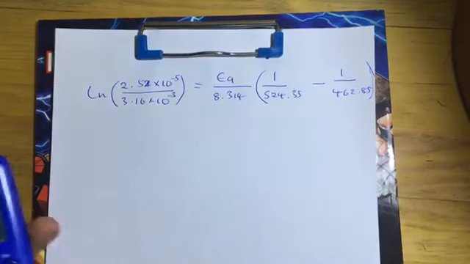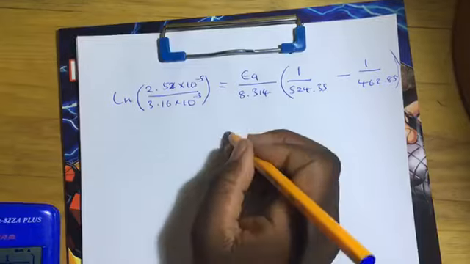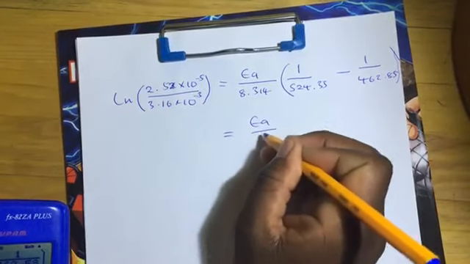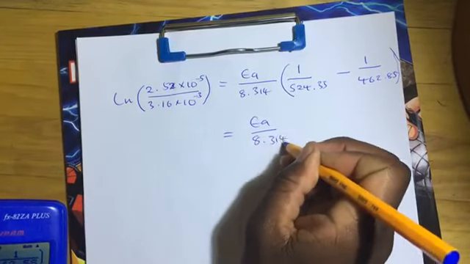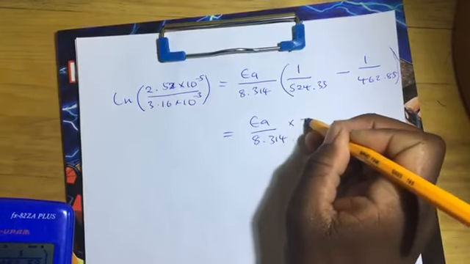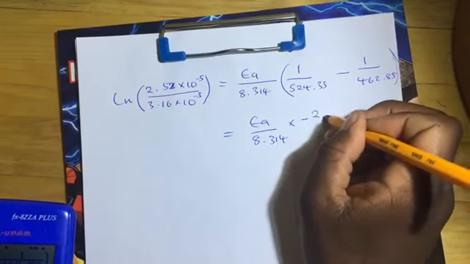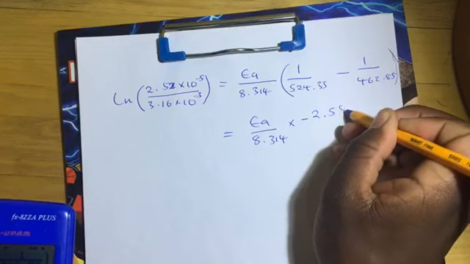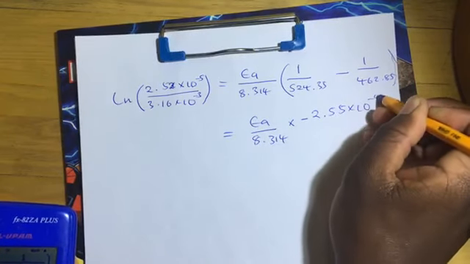This gives me negative. So this is going to be EA over 8.314 multiplied by negative 2.55 times 10 to the power negative 4.